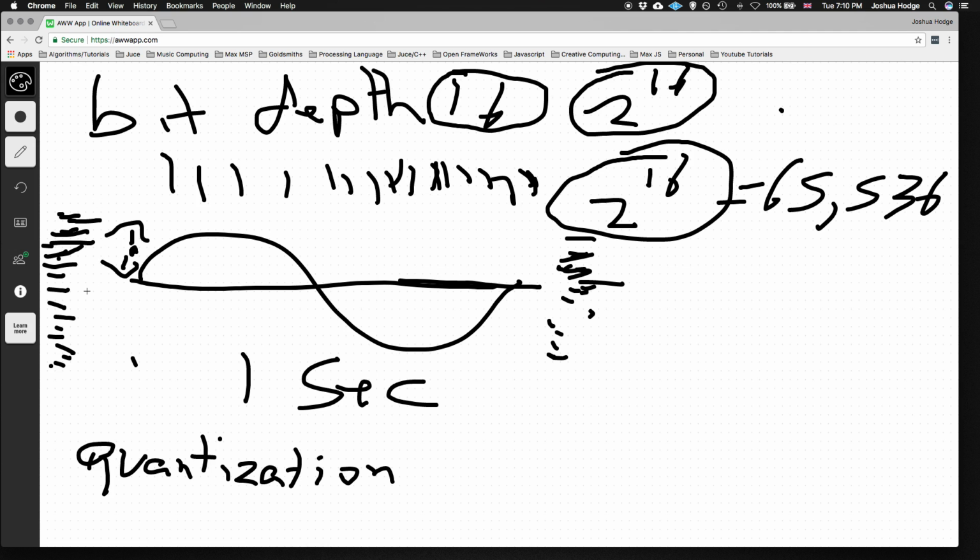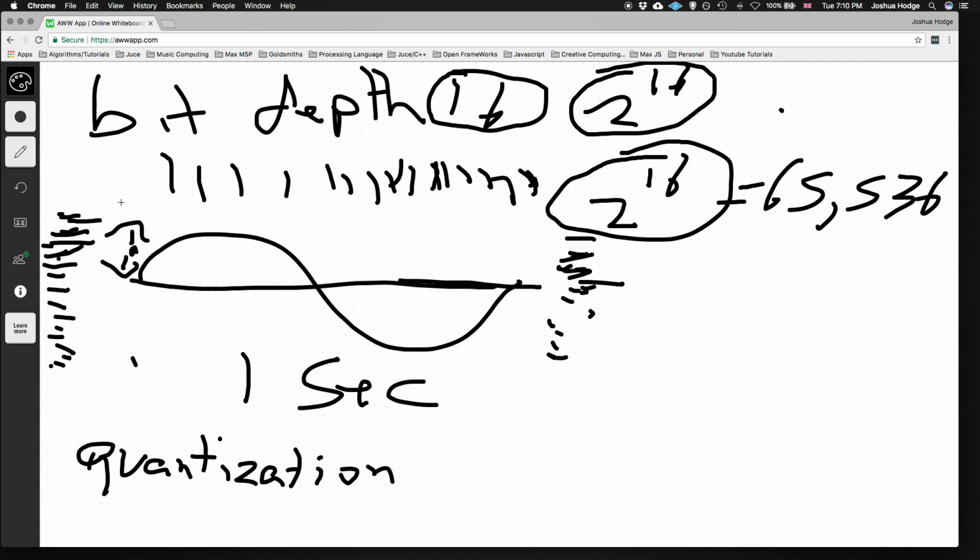And that is pretty much how sound gets from something like my voice traveling through air into a value that can be readable by a computer through this process.